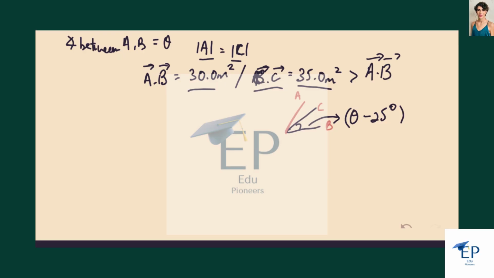Now to find the magnitude and direction of A, we have to put in two different equations. And the equations will come from the scalar products. So one of the equations, using the fact that the scalar product is equal to the magnitudes multiplied by cosine theta, the angle between them.